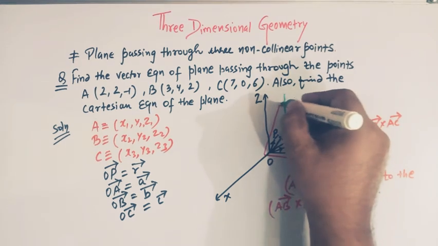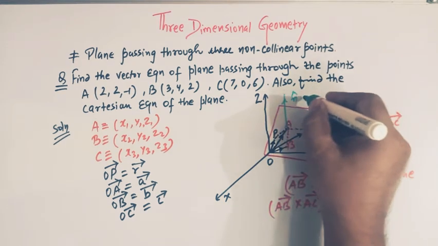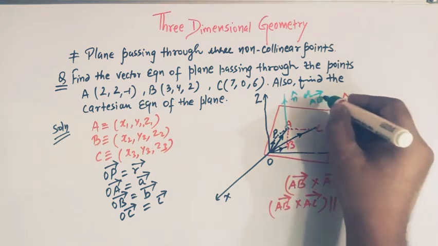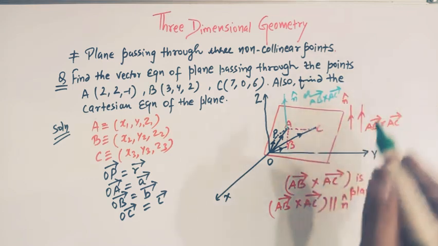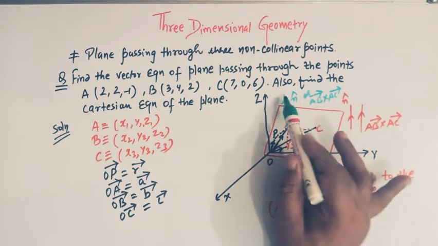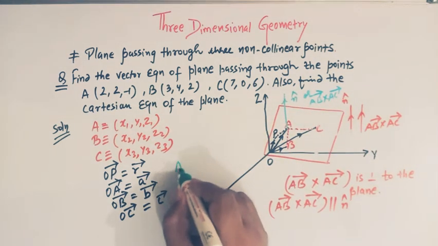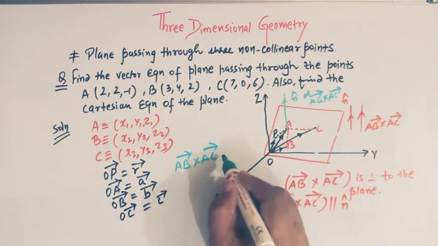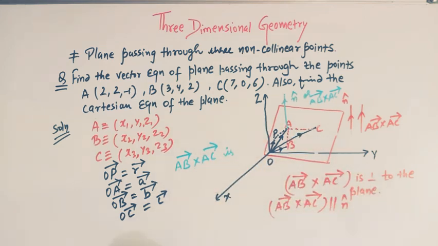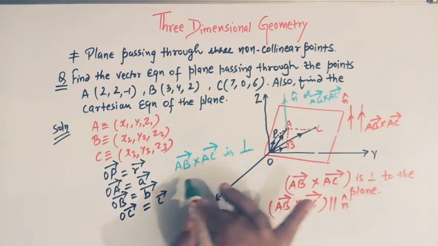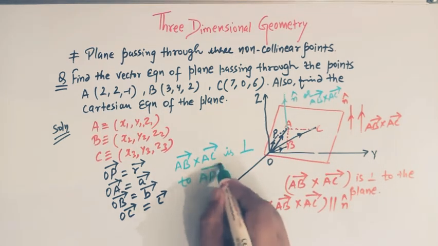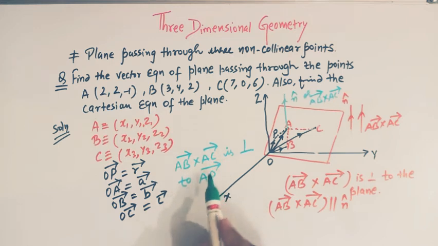Now we see that this vector, vector AB cross vector AC, is perpendicular to the vector AP.